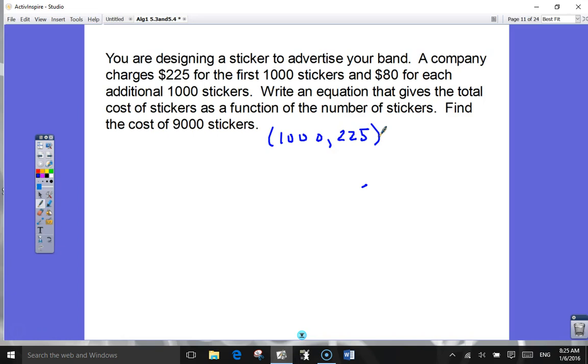The point is x1, y1, and the slope m is $80 per 1,000.